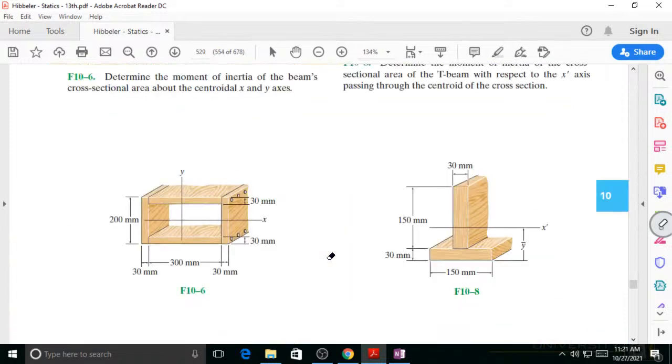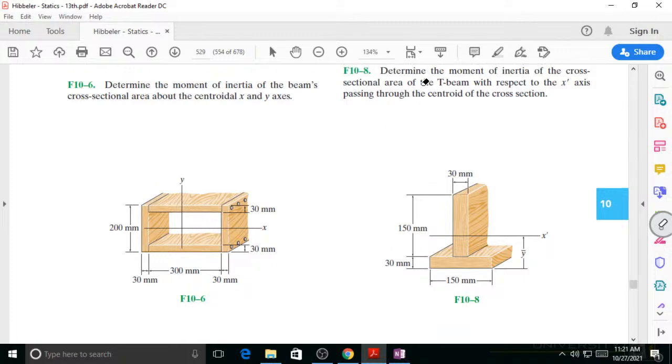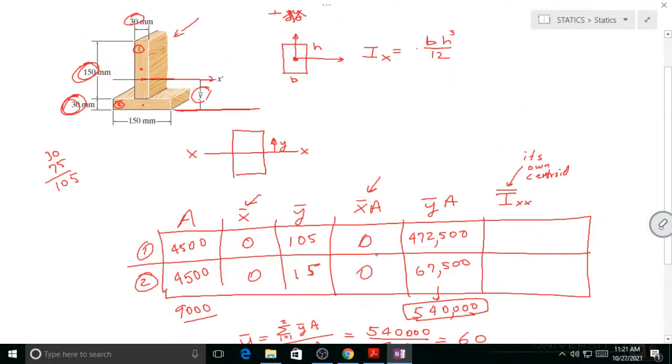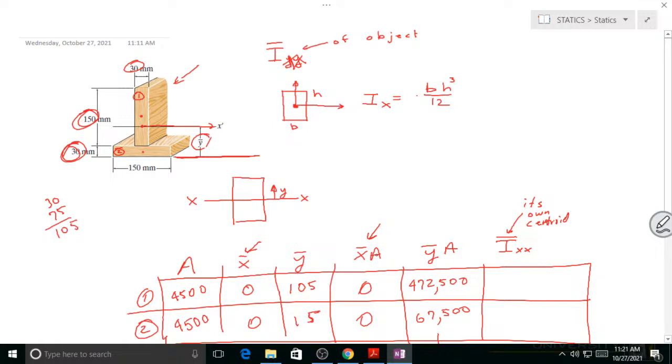Problem statement said, determine the moment of inertia of the cross-sectional area of the T with respect to the axis passing through the centroid of the cross-section. So he has drawn this line that is a horizontal line and implying that the centroid sits right here. And so we needed to find how far I needed to go. So in fact, I need to go 60 up there.